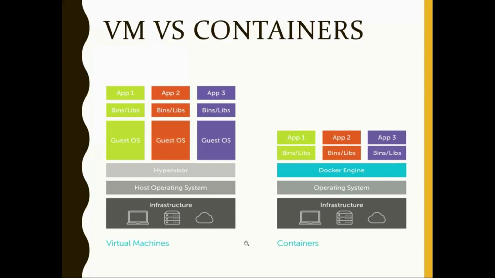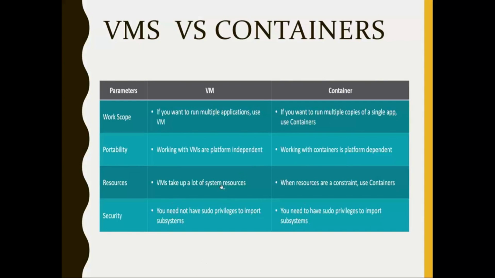Tomorrow we'll go in depth into the subject of when we should use a container. We have learned what containers and VMs are, so when to go for a VM and when to go for a container, because we understood that VMs are not replaceable. We still need them. So how to choose whether I should go for a container or a VM.